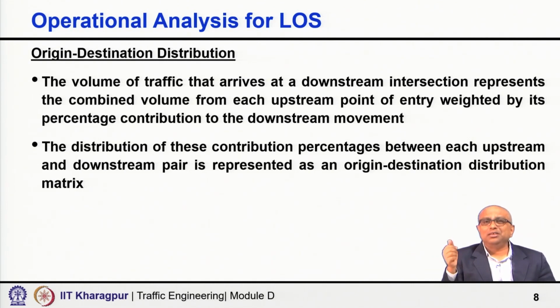Similarly, for the left turning, whatever entry volume has come from different points and different directions, in proportion it has to be. So, that is how we get the origin destination matrix.